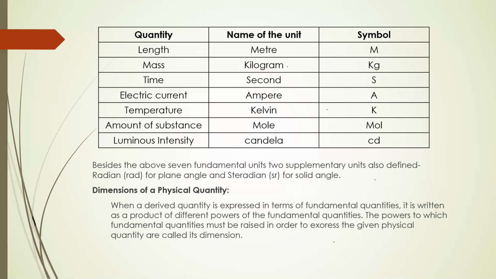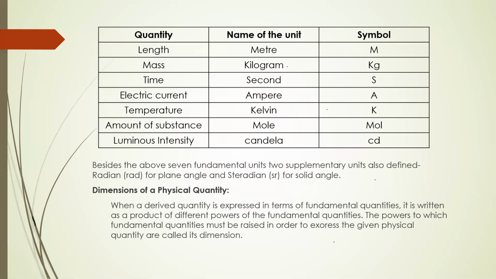Here, we take the basic fundamental quantities like mass, length and time, M, L, T. It is written as a product of different powers of fundamental quantities, and the powers to which fundamental quantities must be raised in order to express the given physical quantity are called dimensions.